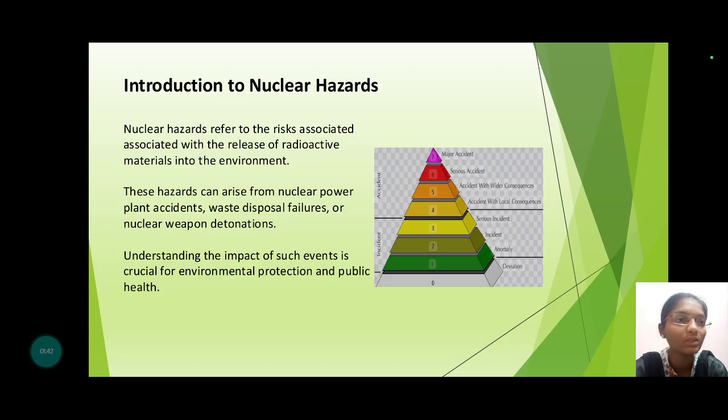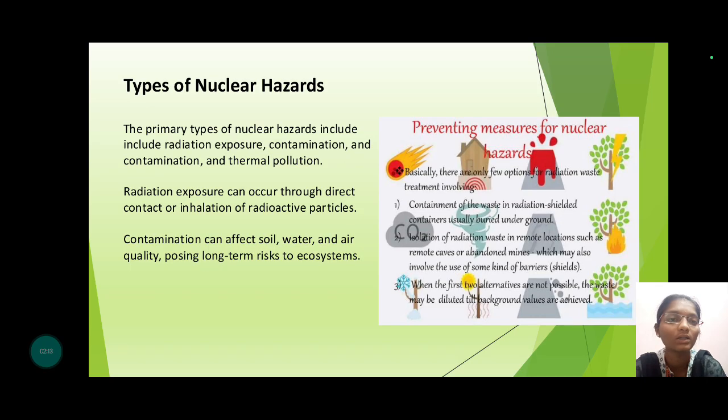The 7 represents major accident, 6 represents serious accident, 5 represents accident with wider consequences, 4 represents accident with local consequences, 3 represents serious incident, 2 represents incident, 1 is anomaly, and 0 represents deviation. This was the introduction to the nuclear hazards.